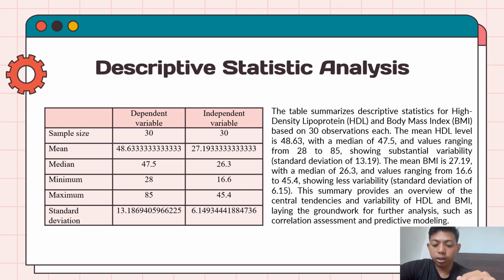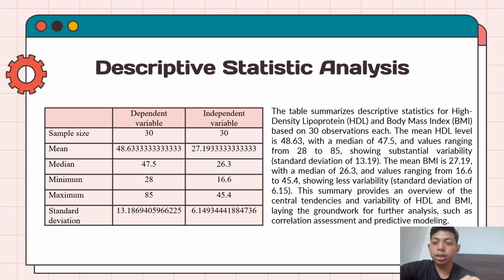Then the median is 47.5 for BMI, then 26.3 for HDL. For the median, we need to arrange or sort the data from the smaller number to the bigger number.